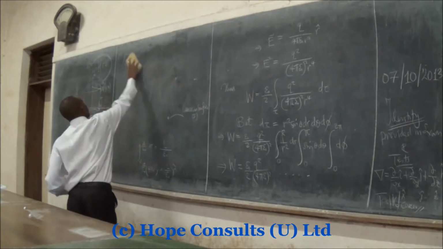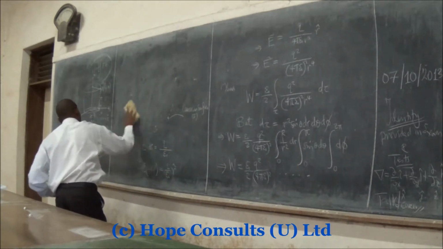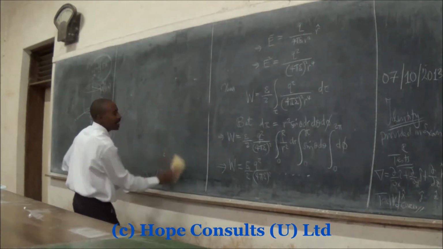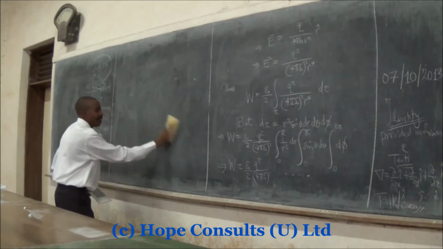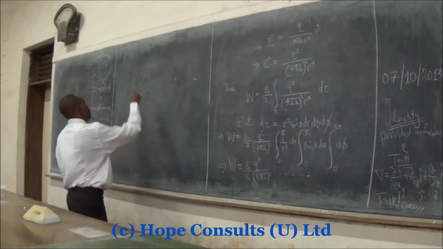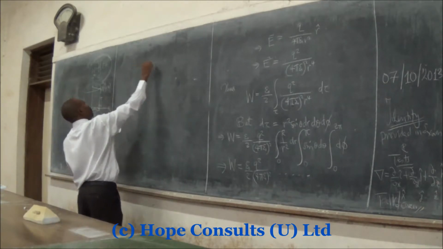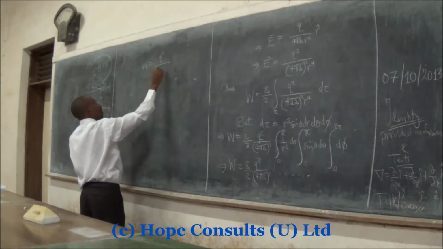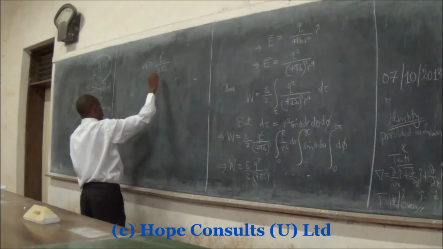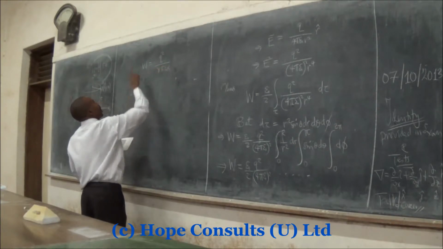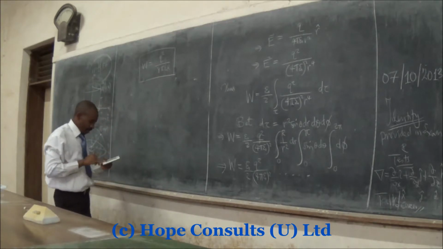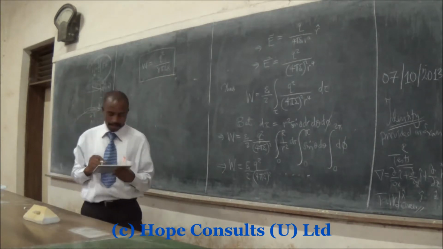In the interest of not making you look like you've never done any mathematics, I say that we go on, and the work done will be the same as Q squared over 8 pi epsilon naught. It shouldn't bring any problems to you.